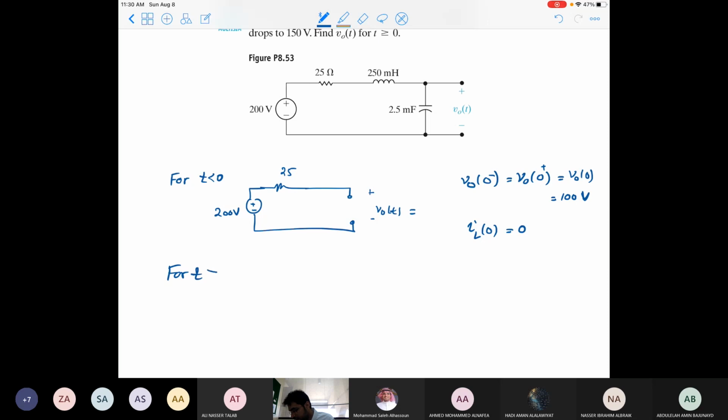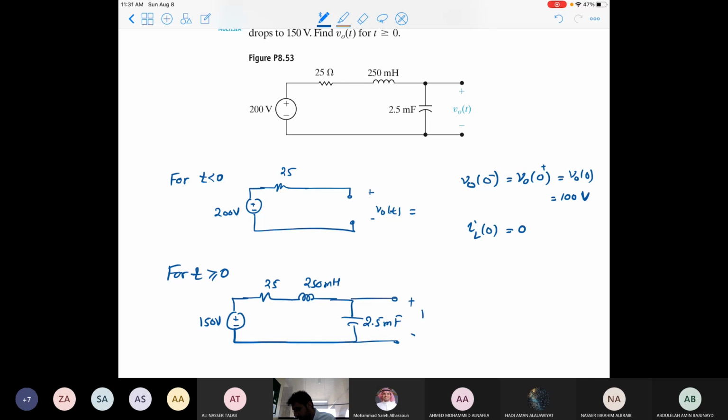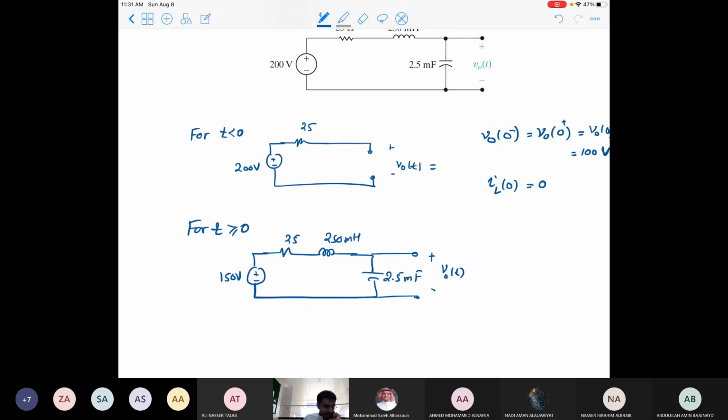Now for t greater than 0, what we have here is the following. We have 150 volts, so the value of the voltage source has changed to 150. Again, here we have a series RLC circuit.